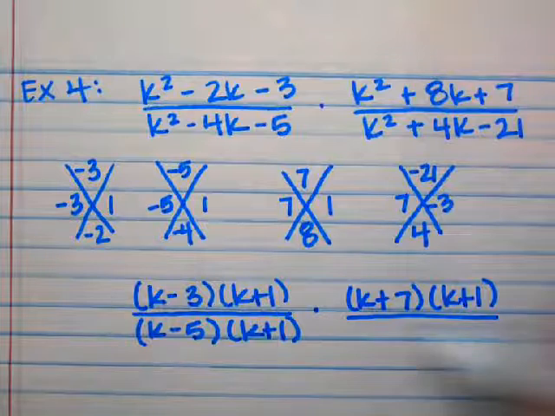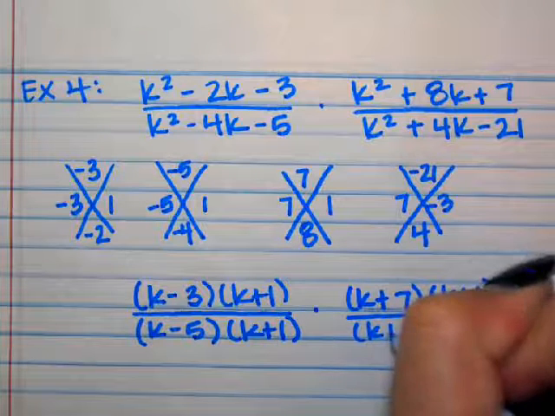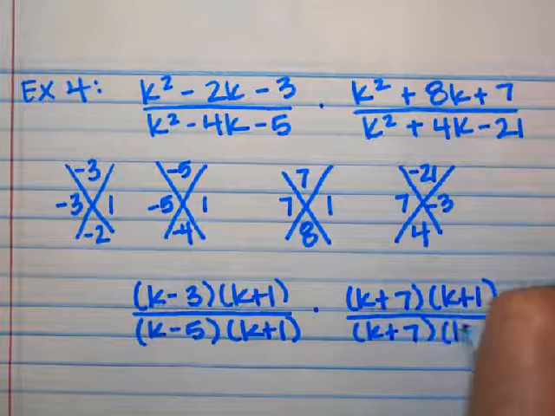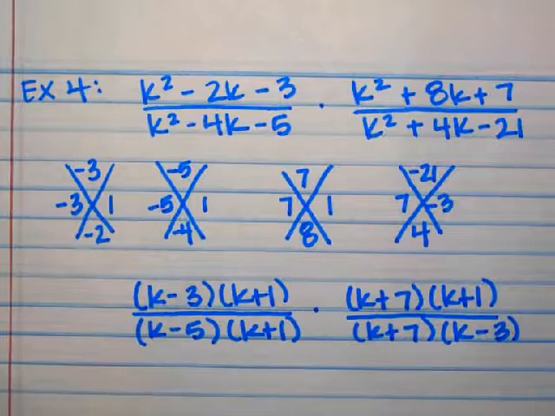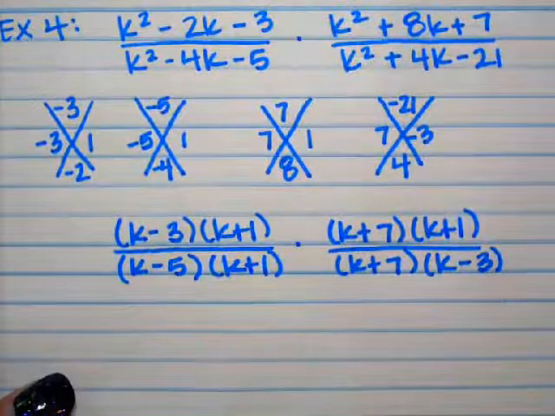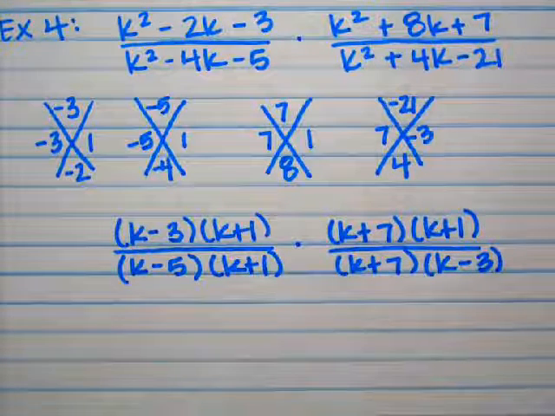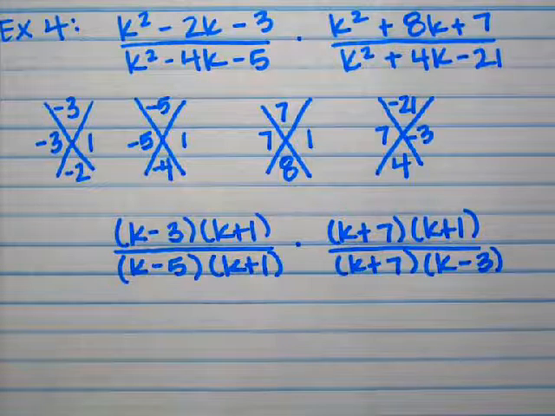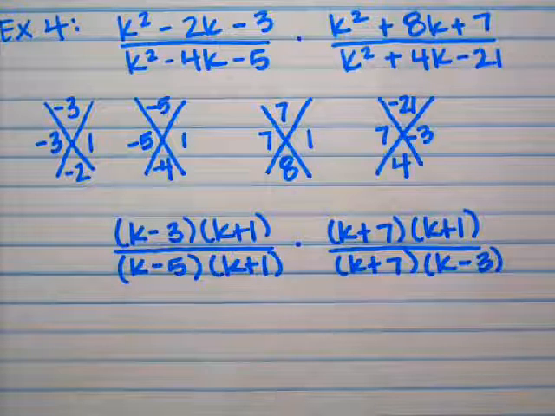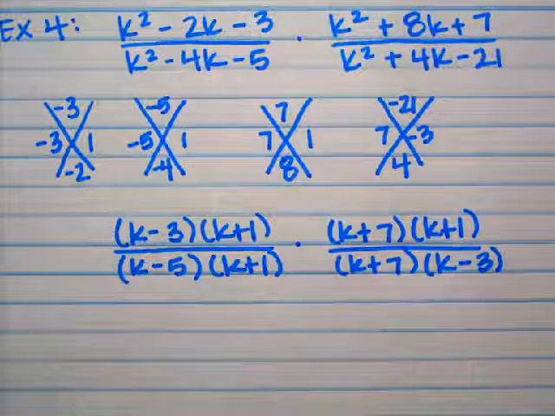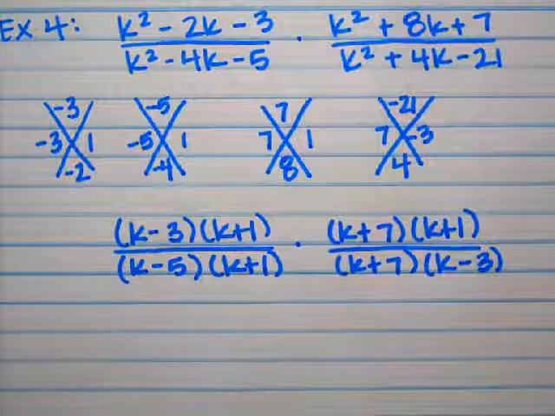The bottom right, we have k plus 7, k minus 3. Okay. So we are just looking for factors on the top and the bottom that could cancel out to become a 1. The same factor on the top and the same factor on the bottom cancel to make 1.